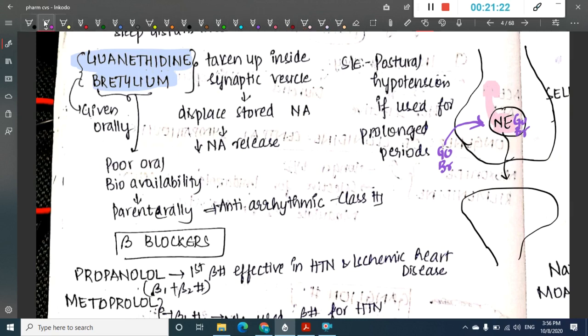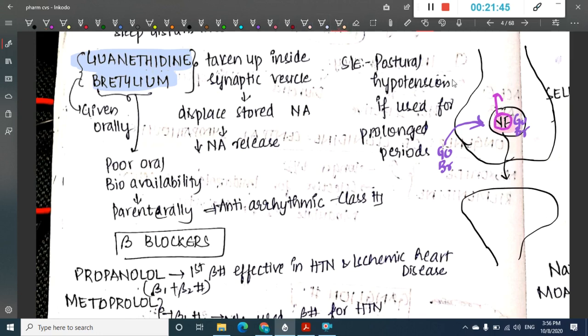So what are they actually doing? They are replacing this noradrenaline with guanethidine and bretylium. As a result, the noradrenaline which should be released cannot be released into the synaptic terminal, and it causes decreased blood pressure.